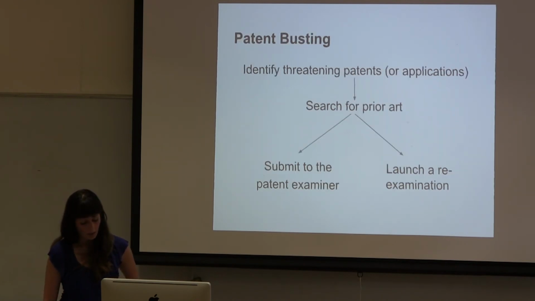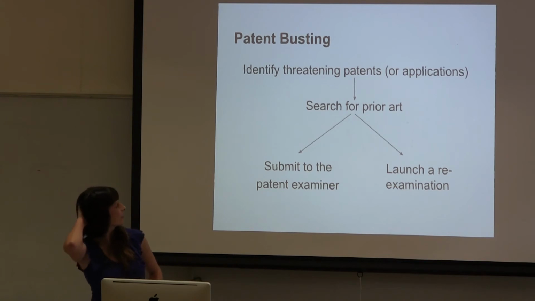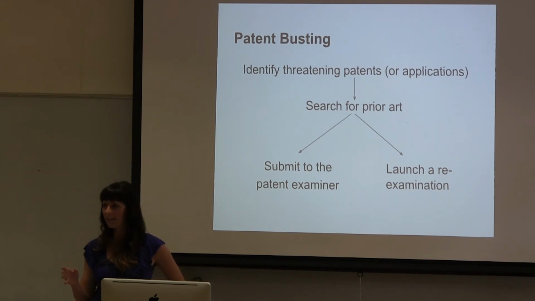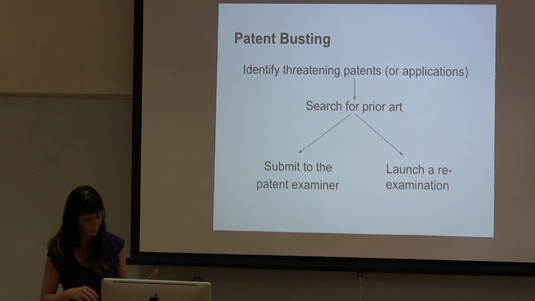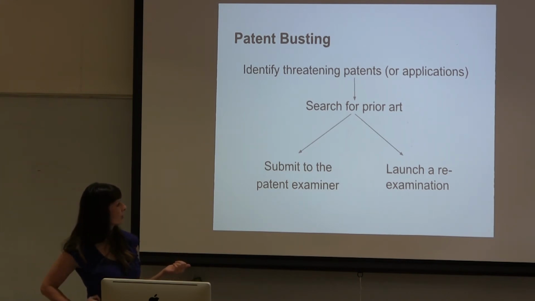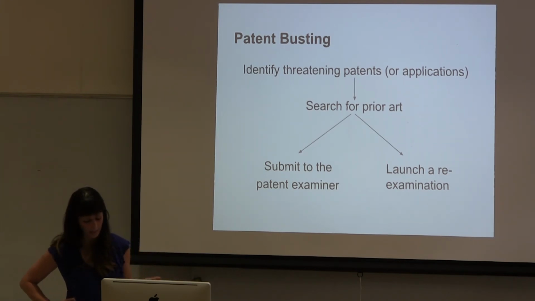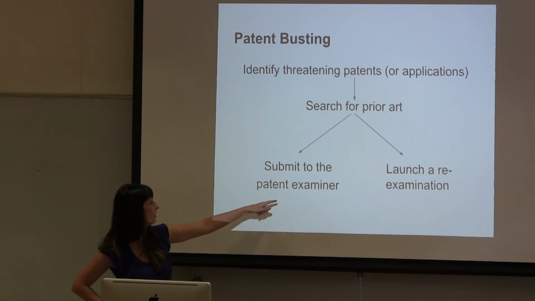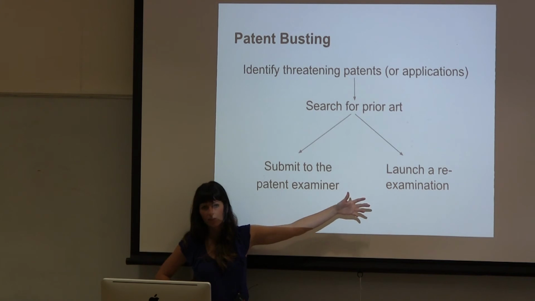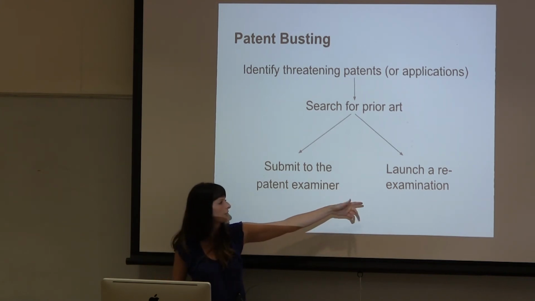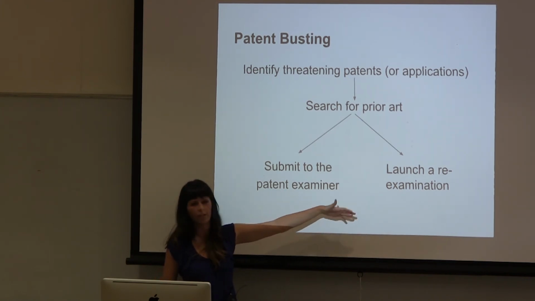So the approach to patent busting, which is basically the same as going after patent applications, is that we will search for the threatening patents or applications, find the prior art, and then submit it to the examiner. The process is a little bit different if we go after already issued patents. The prior art's going to be a little harder to find, but we'll definitely do it.